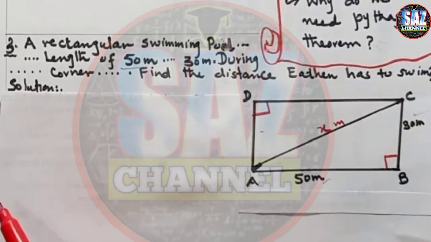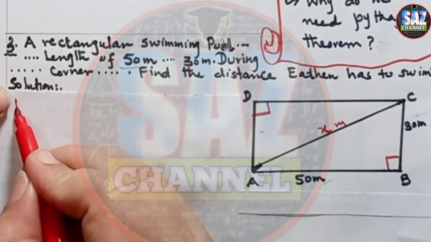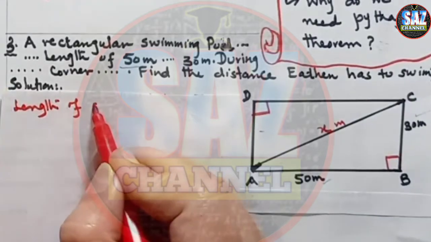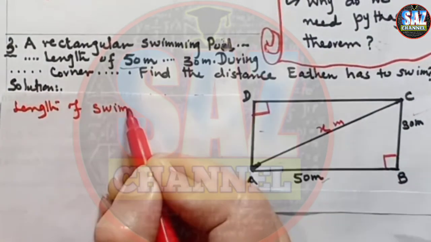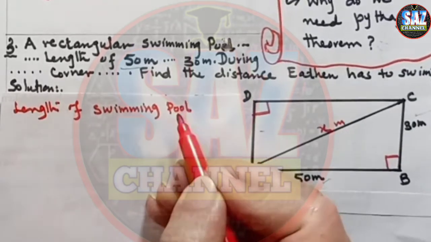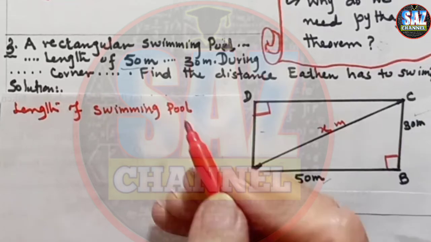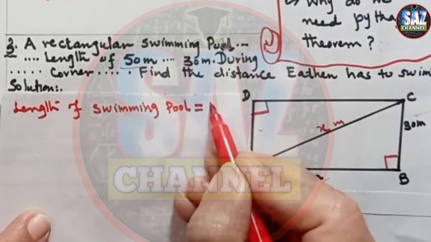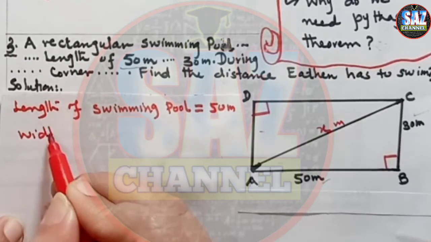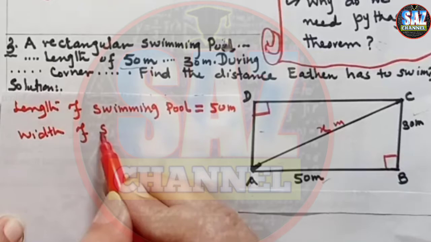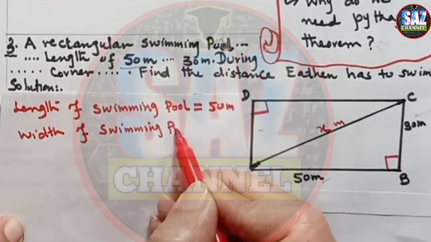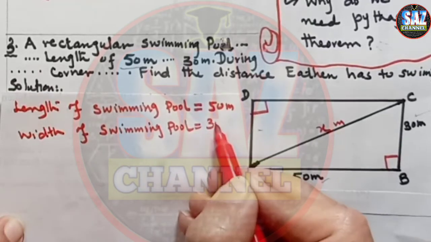So the length of the swimming pool is 50 meters and the width of the swimming pool is 30 meters.